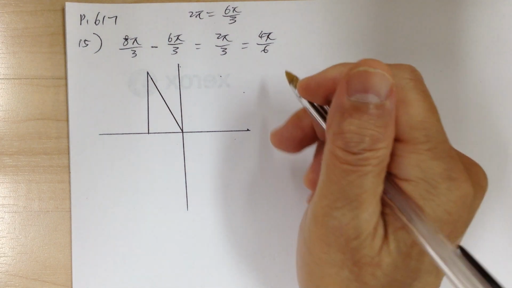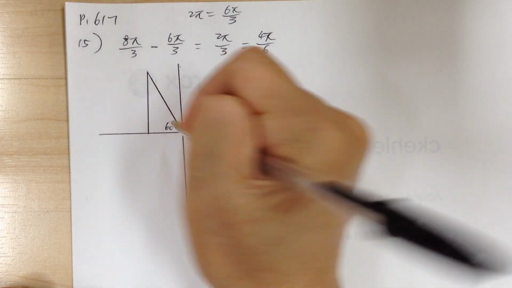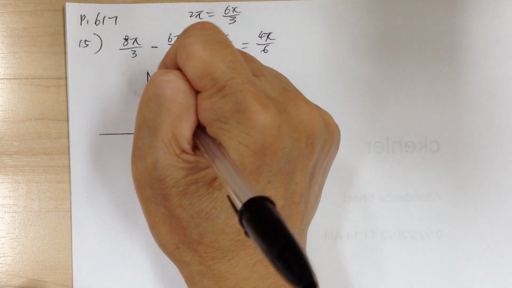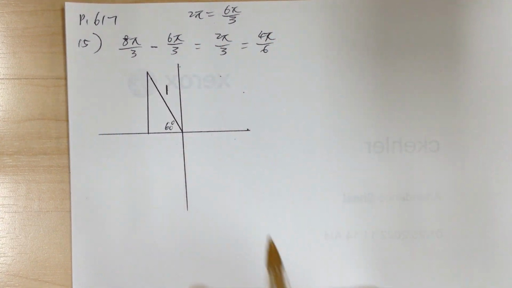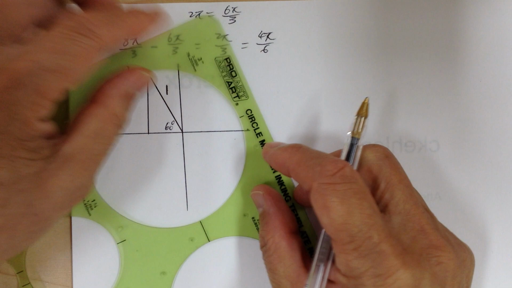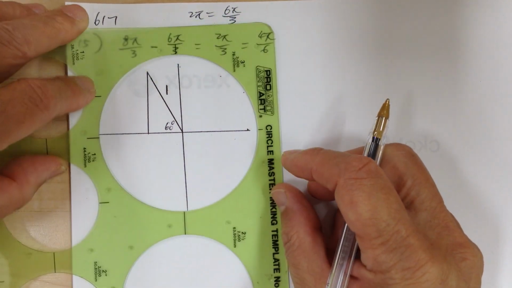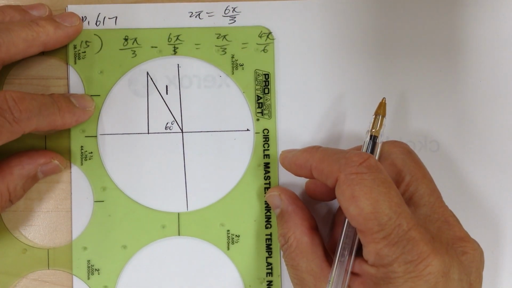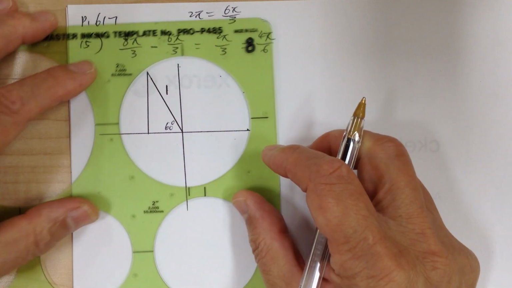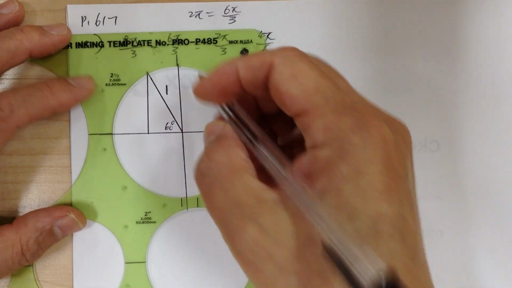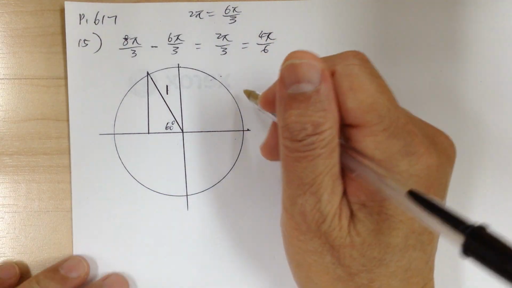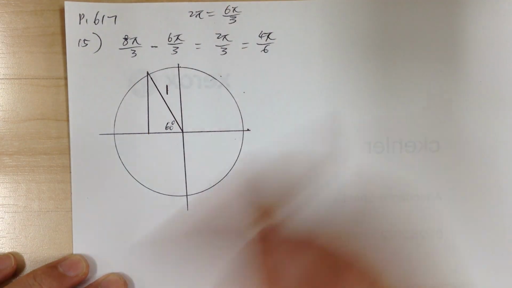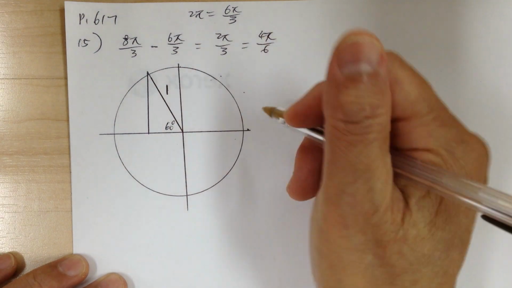So in this case, this is your 60 degrees. Again, this is going to be a 1, the radius. Imagine there's a circle, this is a unit circle. But normally we don't draw the circle because it wastes time.